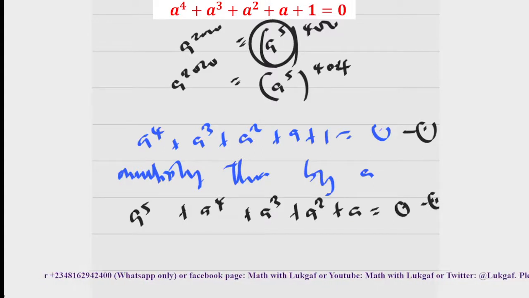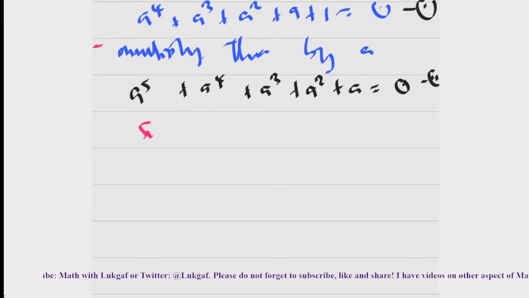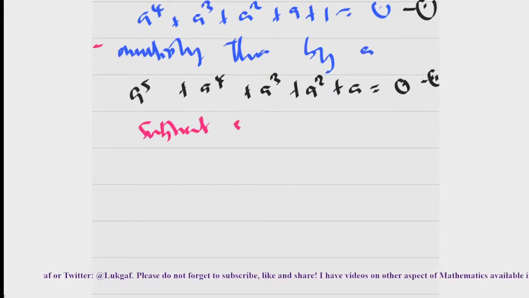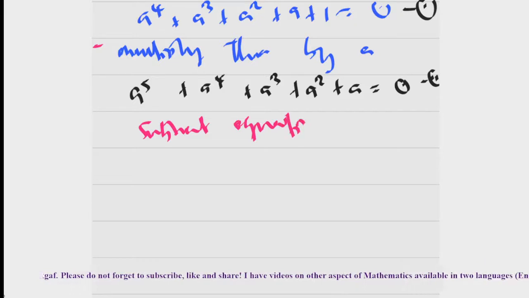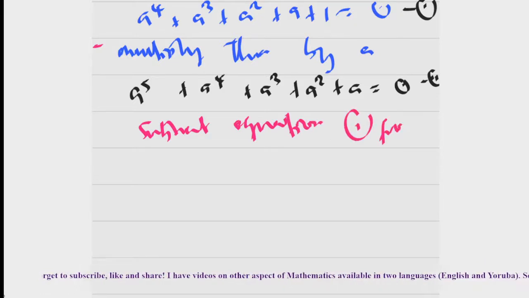I can obtain my a^5 here if I subtract equation 1 from equation 2.